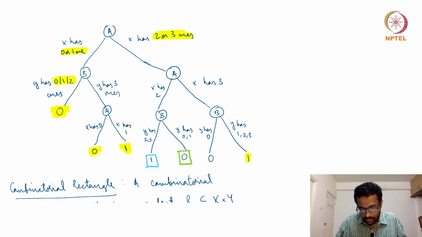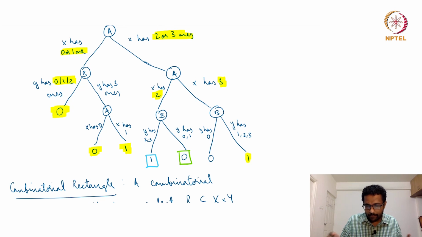And similarly you can trace the path on the right hand side. Alice has 2 or 3 ones, and then we subdivide into further cases when Alice has 2 and Alice has 3 ones. Right. So again notice that Alice herself is speaking even after saying whether she has 2 or 3 ones. And then depending on that, Bob has to classify his input, whether together they have 4 or together they don't have 4, and basically one more response from Bob is enough.